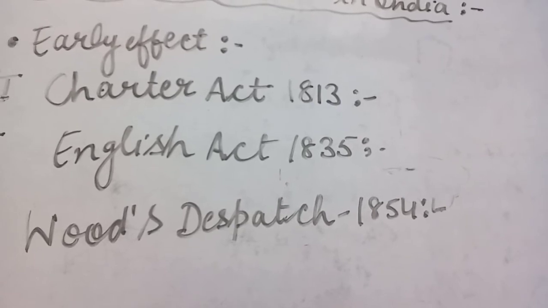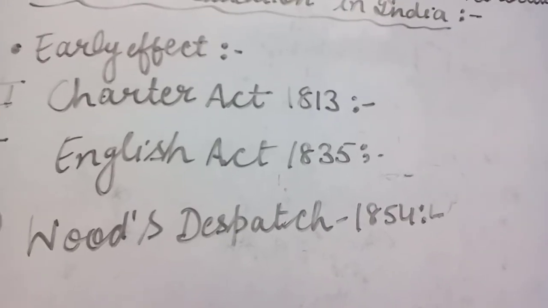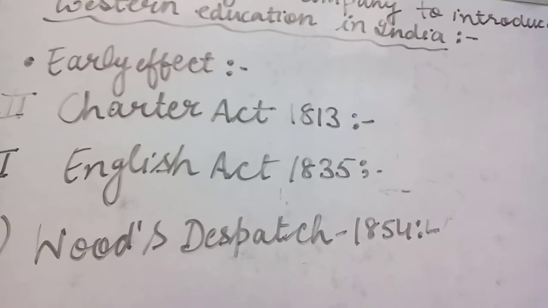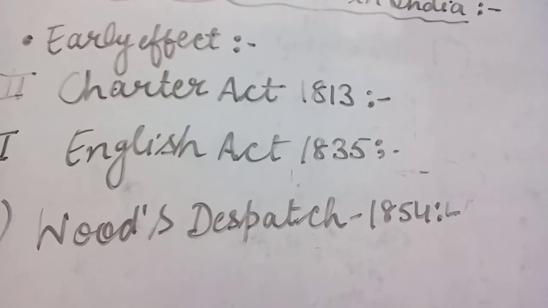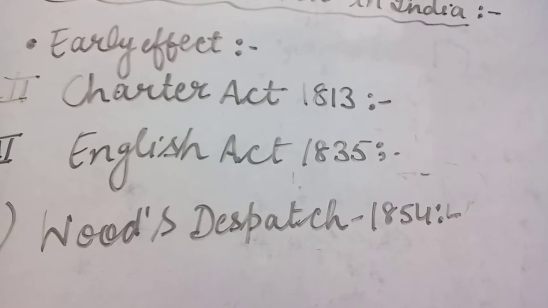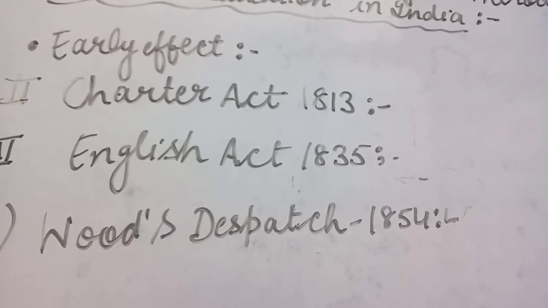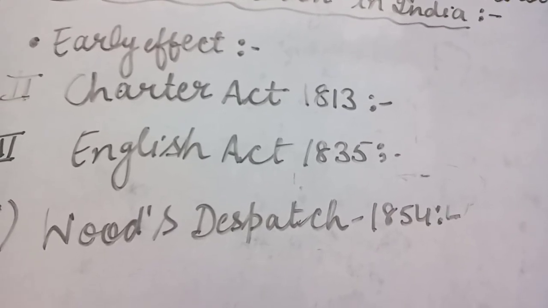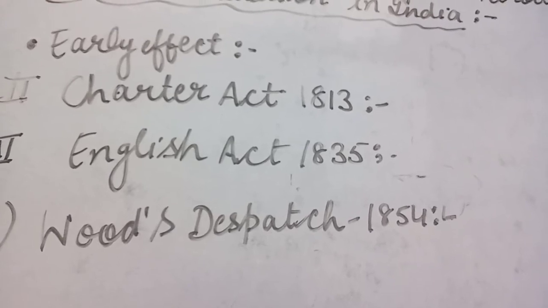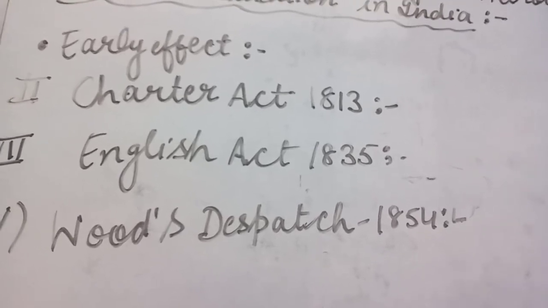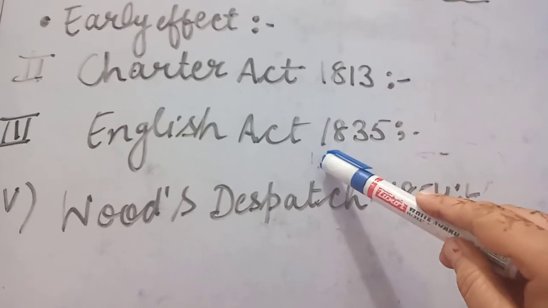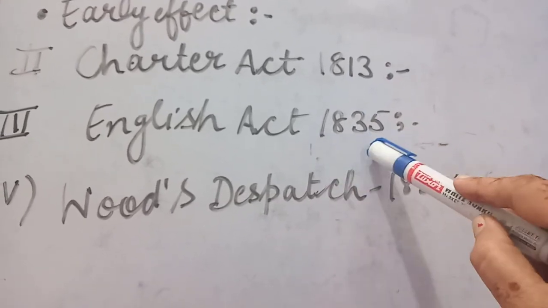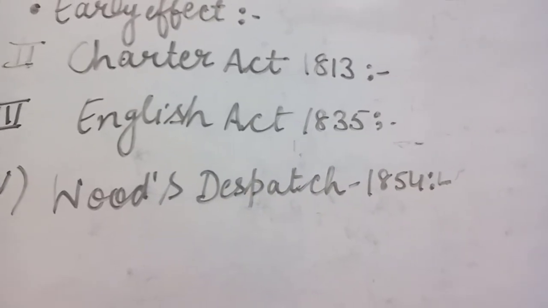But some Englishmen educated Indians just for the supply of Indians in their offices, not to educate Indians. These were the Charter Act 1813, the Macaulay Minute 1835, and Wood's Dispatch 1854.